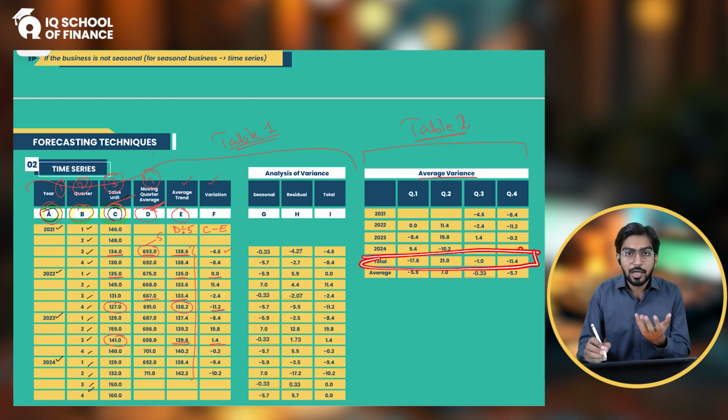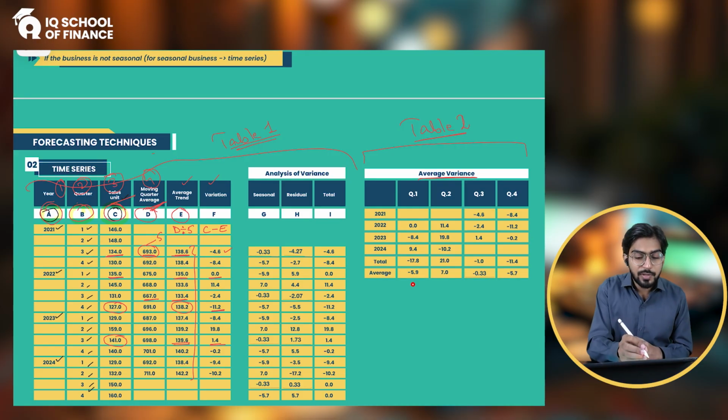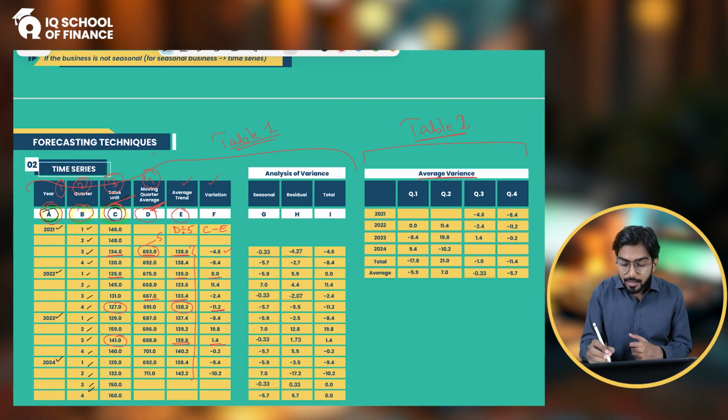And then you will have to calculate the average. How will you calculate the average? In this quarter 1 column, we have 1, 2, 3 values. So you will divide minus 17.8 by 3 and you will get this average.